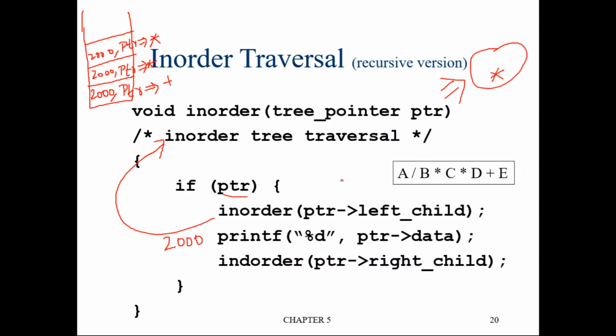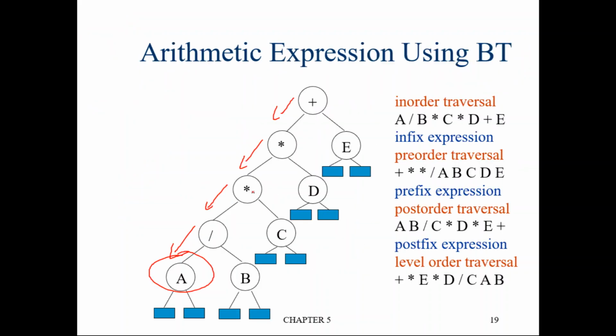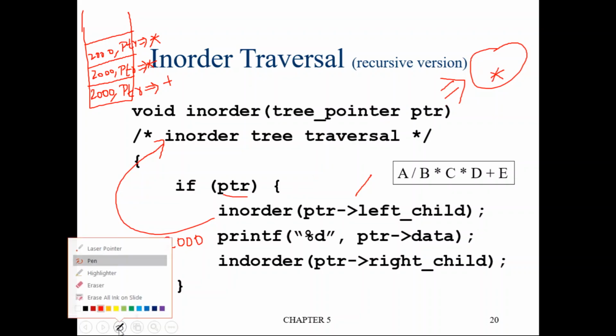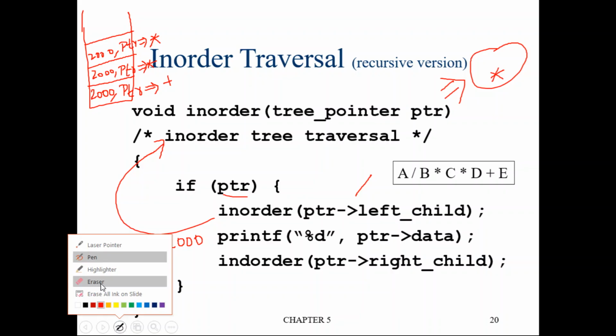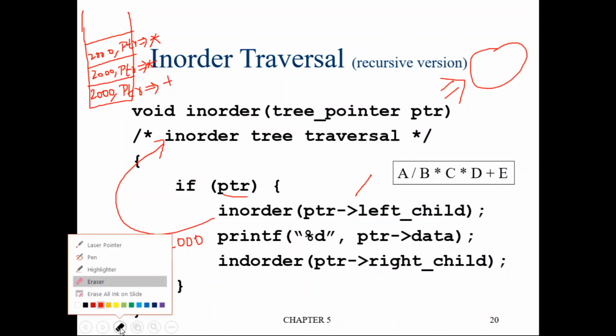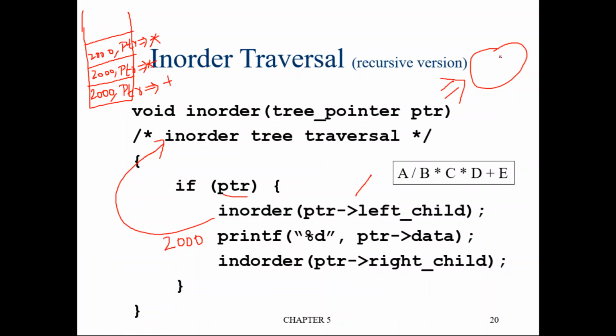After pushing this, now again you call PTR arrow left child of the second star, which is slash. So with a pointer to slash, inorder is called again. Now PTR is pointing to the memory location, the node which contains slash.